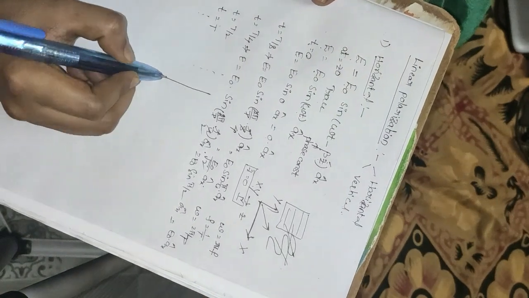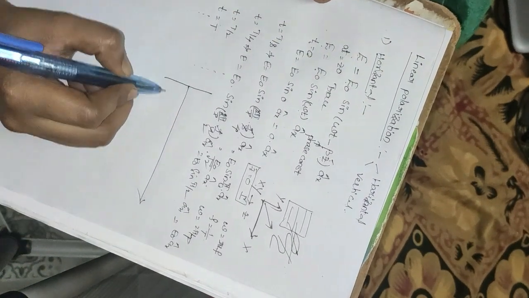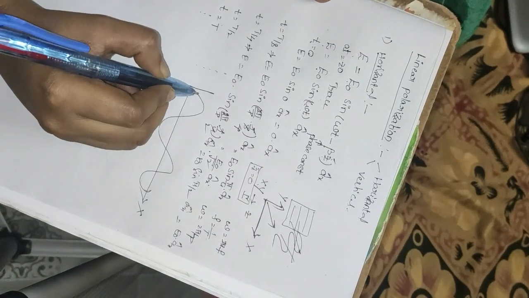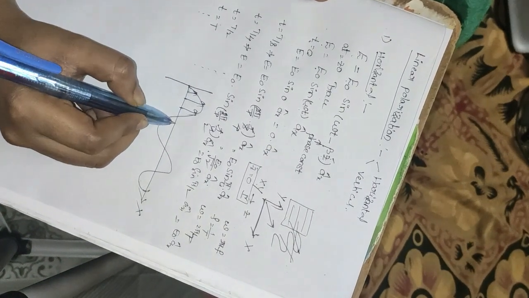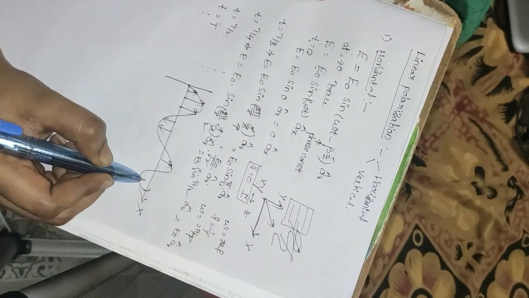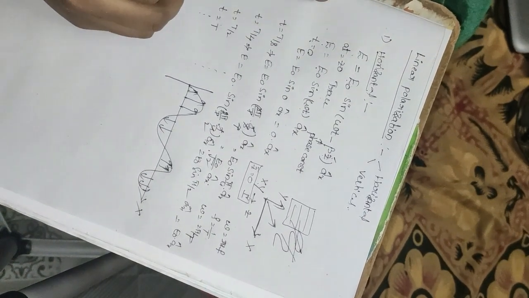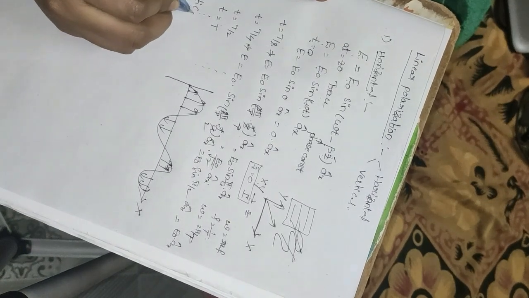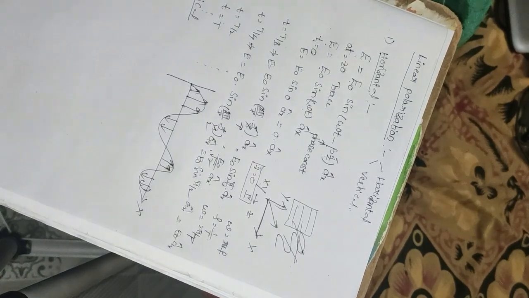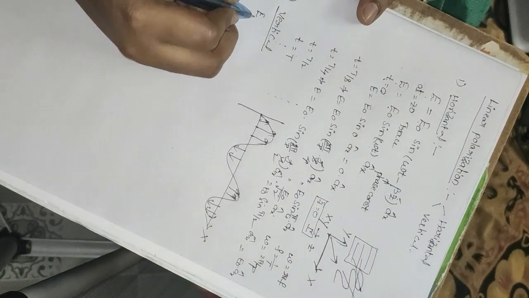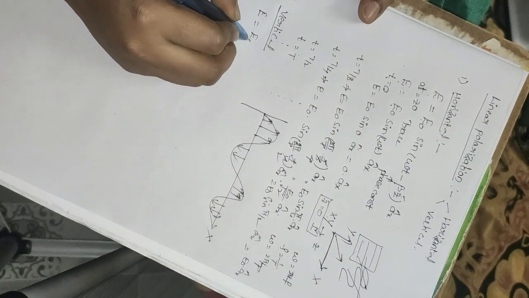So the horizontally polarized wave is like this. This is the x axis, like this. And number 2 is vertical polarization. For vertical polarization, let the electric field be along the y axis.